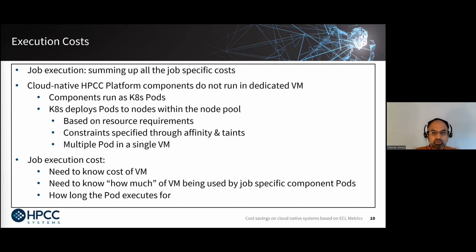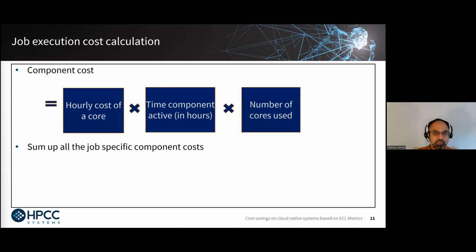The hourly cost of each node in the node pool has to be configured in the configuration. HPCC doesn't determine that. So if the rate provided is wrong, then it would produce inaccurate cost calculation.